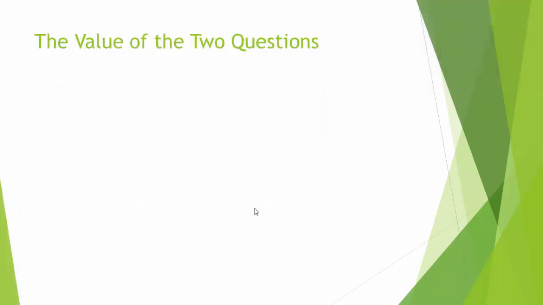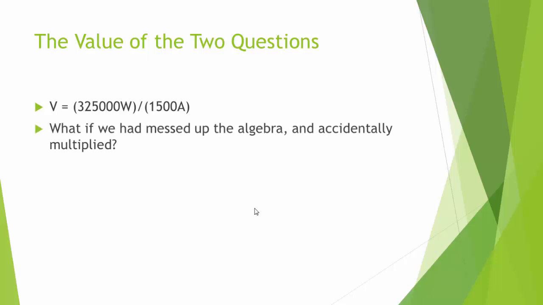Now, let's illustrate quickly the value of the two questions. So our units were correct, we could see. What if, here's our equation, 325,000 watts divided by 1,500 amps. What if we had multiplied? What if we'd hit the wrong key on the calculator? Or what if we'd done the algebra incorrectly? Just slipped up that one time.